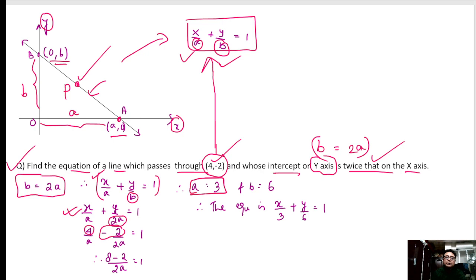That means the intercept on the x-axis is 3, so the intercept on the y-axis will be double. Now we know a and b, so let us put them in the intercept equation and we will get the answer. Our a is 3, our b is 6, and so we get the equation of this line.